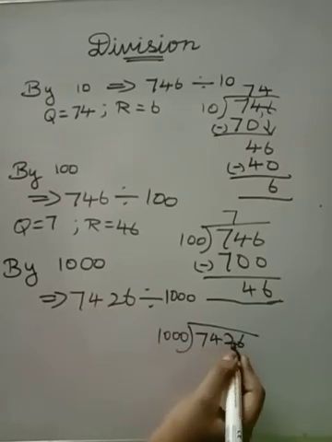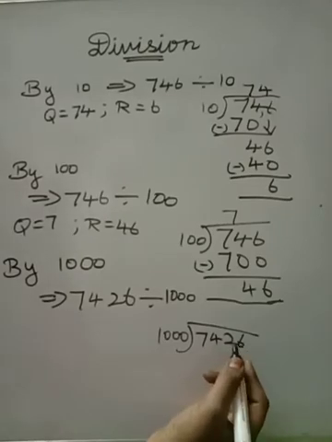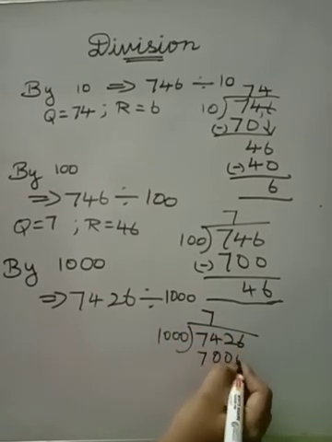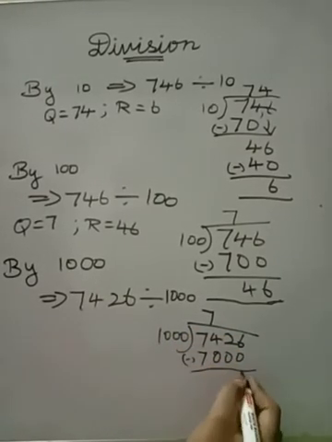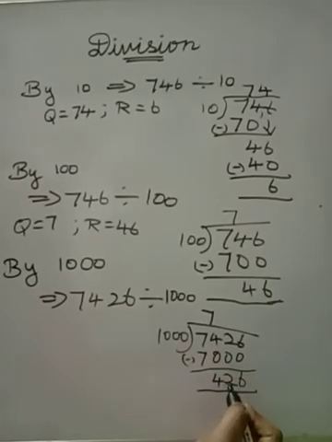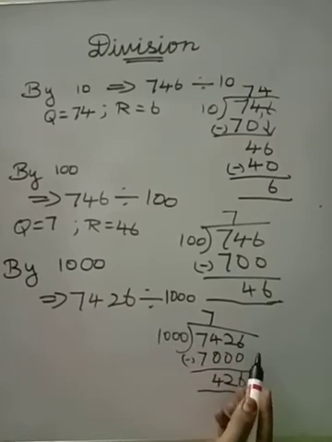So you have to take the number fully. 1000 sevens are 7000, 1000 eights are 8000. So 7 times is 7000. Subtracting, 426 is very small compared to 1000, and after this there is no number.